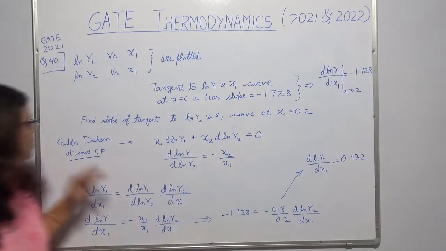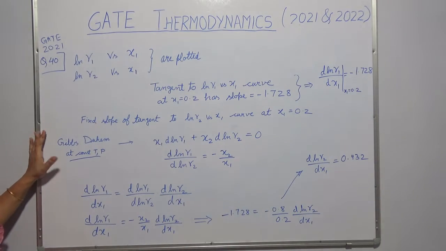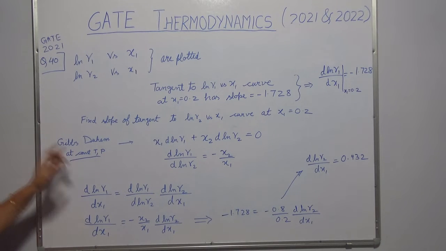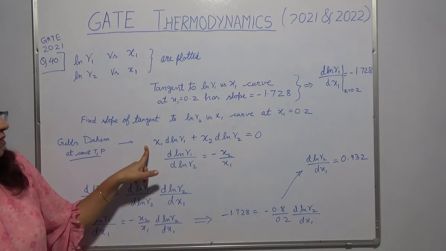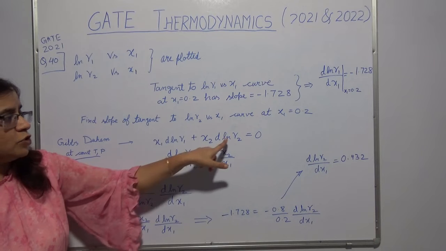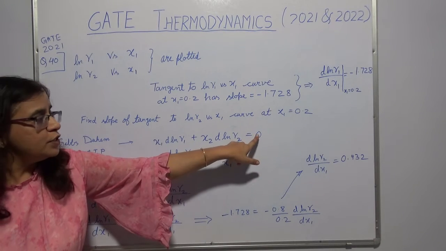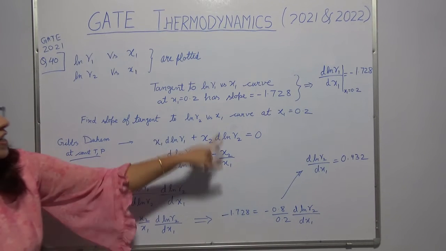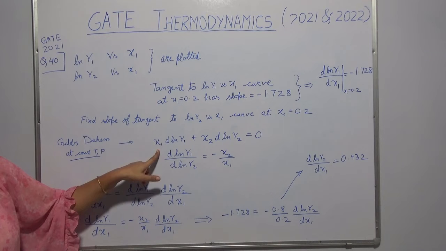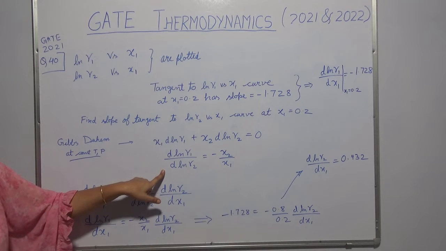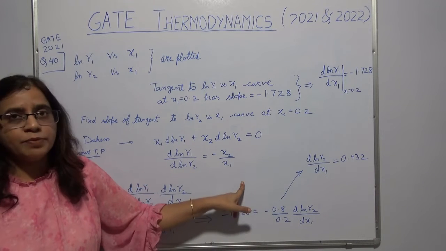Now we will go back to our Gibbs-Duhem equation, which we derived for constant temperature and pressure. I am writing it for a two component system again: x1 d ln gamma 1 plus x2 d ln gamma 2 is equal to 0. If I rearrange this equation, I get d ln gamma 1 upon d ln gamma 2 equal to minus x2 by x1.